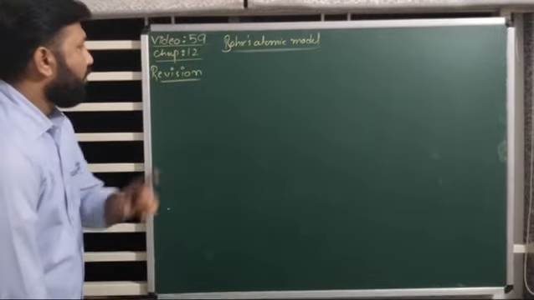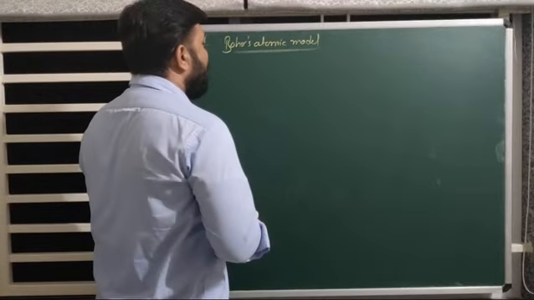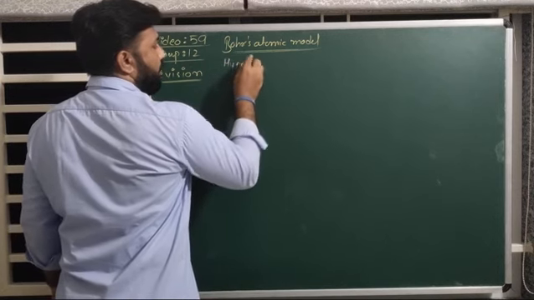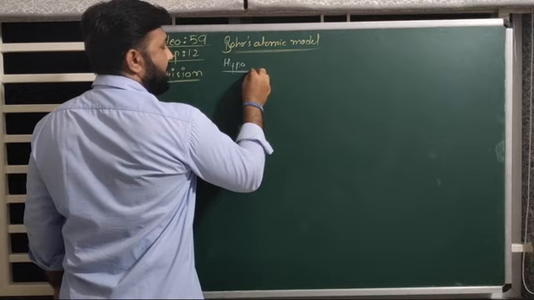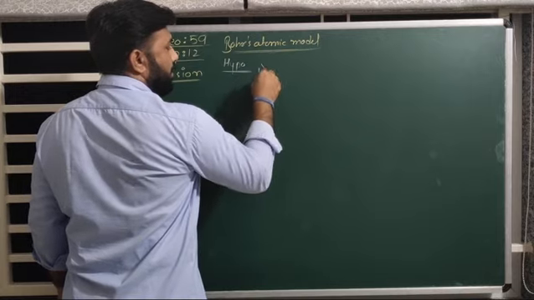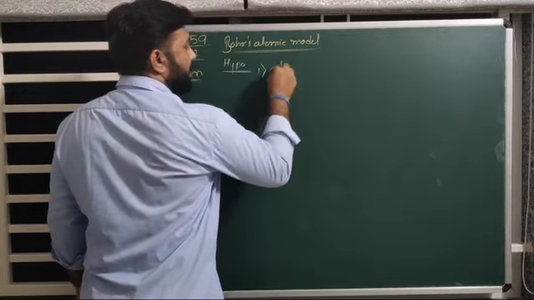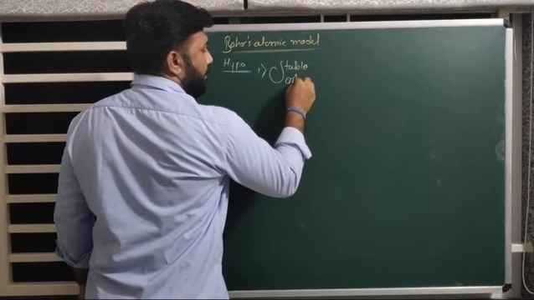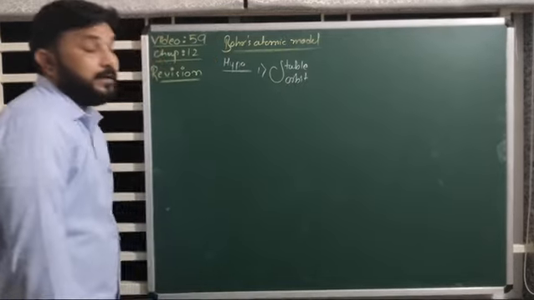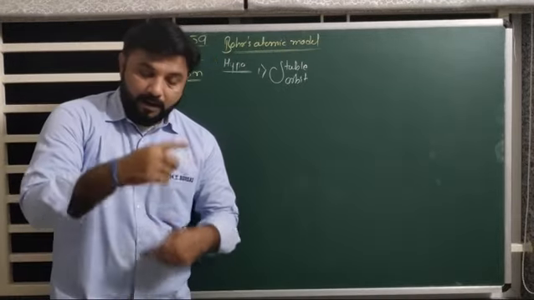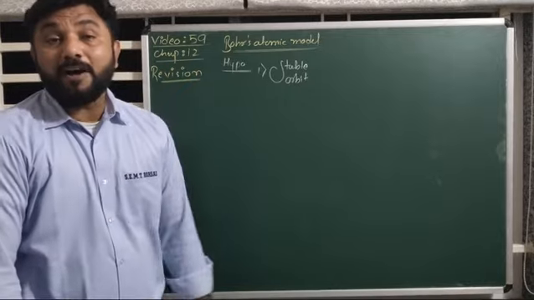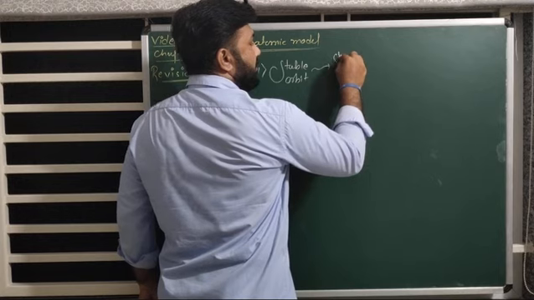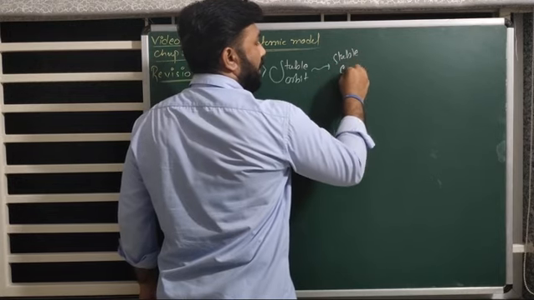Clear? So first of all, let us see Bohr's atomic model and its hypothesis. Let us take this hypothesis very briefly. The first hypothesis is about stable orbit. Stable orbit means around the nucleus electrons are moving in stable orbits. Such electrons are known as stable electrons.